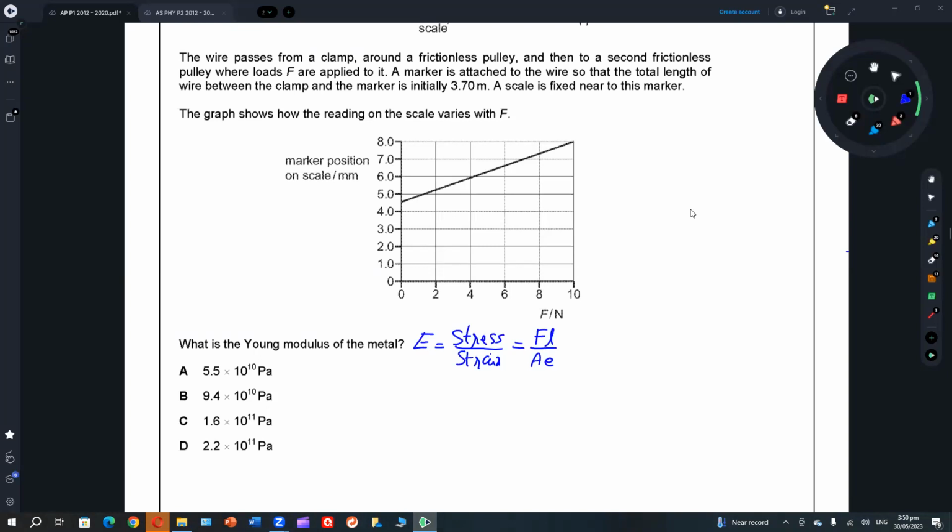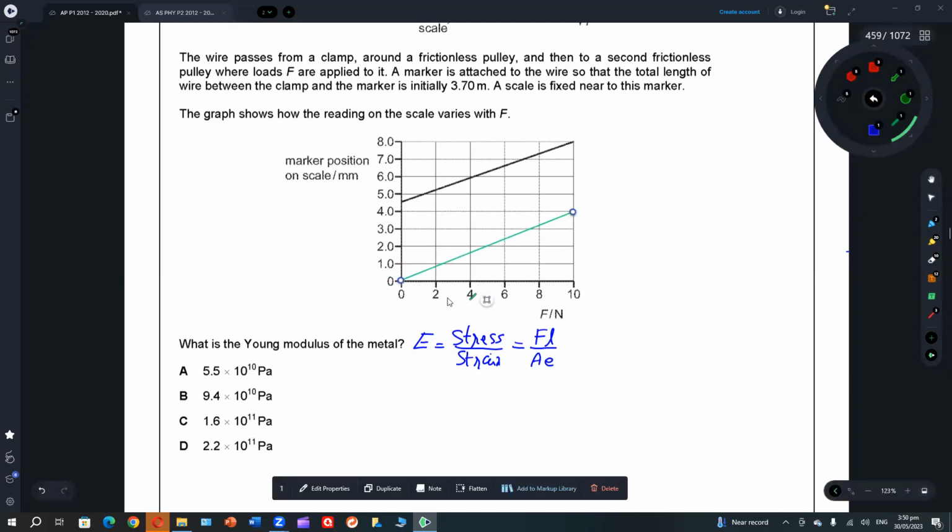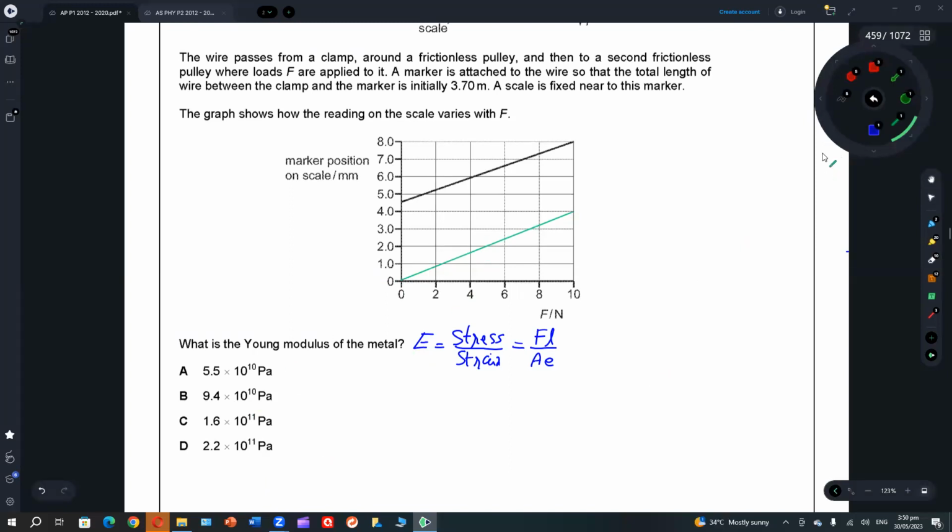No, I did it wrong. I think I didn't take it as millimeter. It is 3.3 into 10 to the power minus 4. No, but that doesn't match with anything. I should draw it again here. Look, this graph is now leading for extension. Initial extension would be 0. I have drawn a line exactly parallel to it.